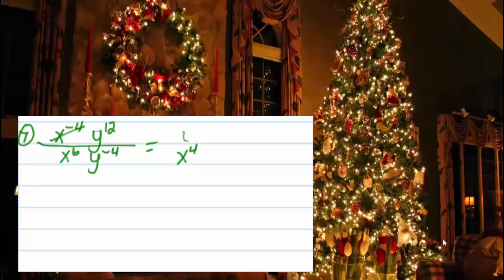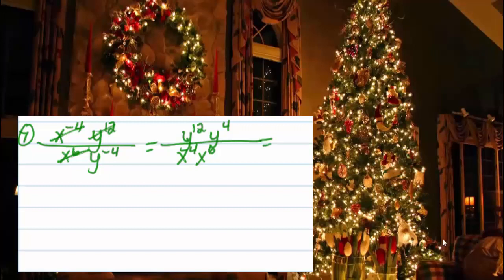Y to the 12th can remain upstairs because it's already at a positive power. X to the 6th is a positive power, so it can remain on the bottom. And y to the negative 4th is going to come upstairs so that it can become positive. Well, now we should notice that I can apply my product rule for both sets, the numerator and the denominator.